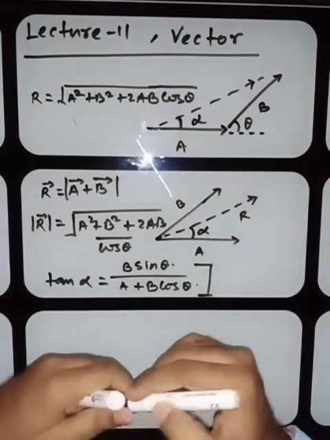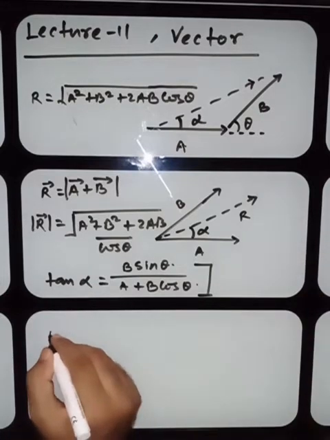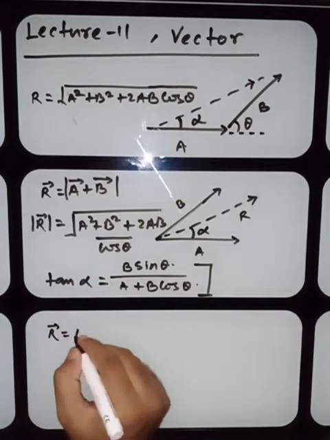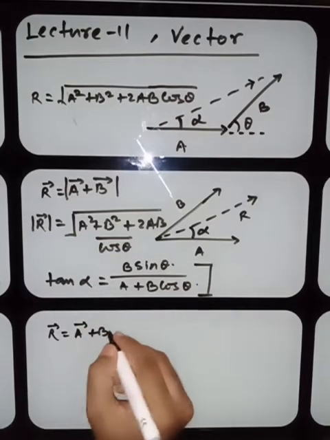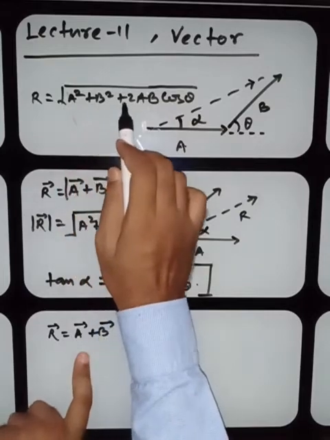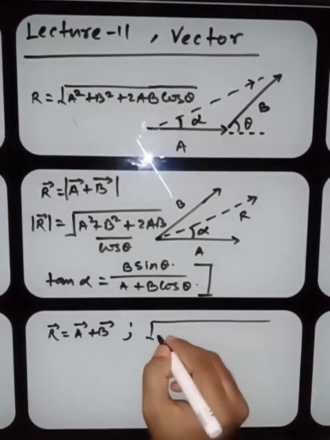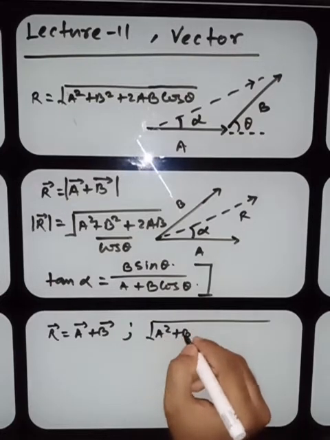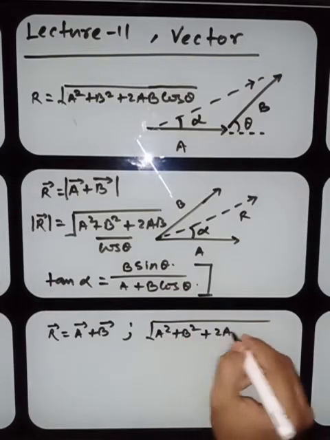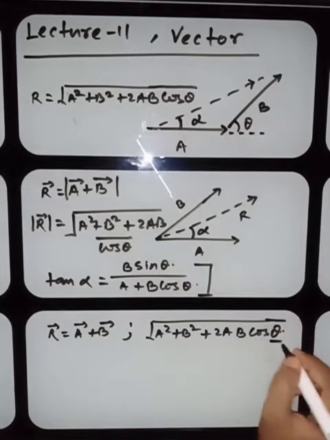Remember student, if any vector is added, like R is A plus B, then you have the resultant magnitude, let me write again, the square root of A square plus B square plus twice AB cos theta, where theta is the angle between these two vectors.